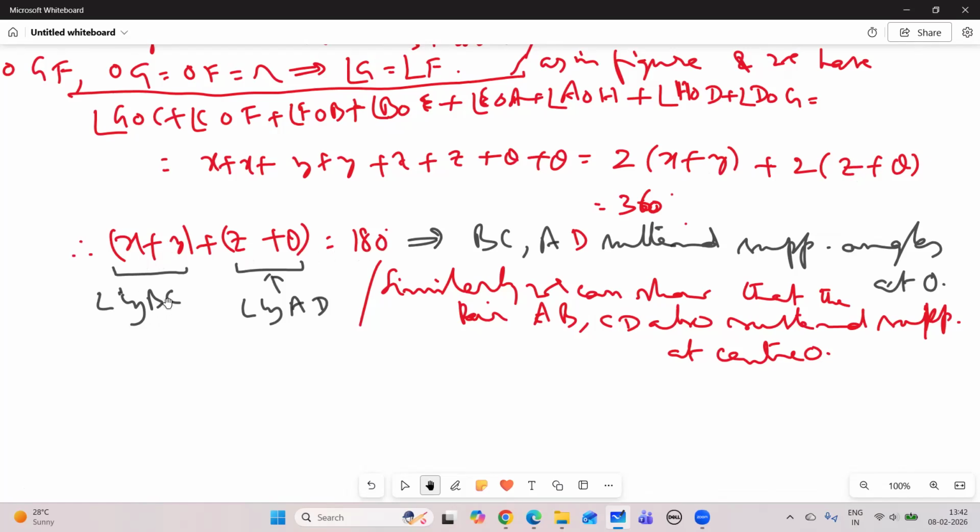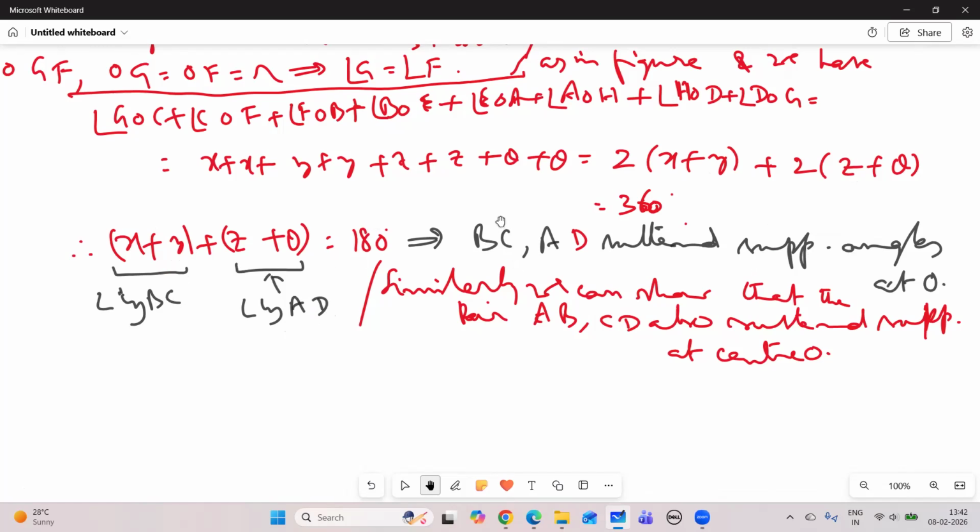This pair is the angle opposite to side BC. This pair of angles is the angle opposite to side AD. Therefore, the angles opposite to the sides BC and AD add to 180 degrees. Therefore, they are supplementary.